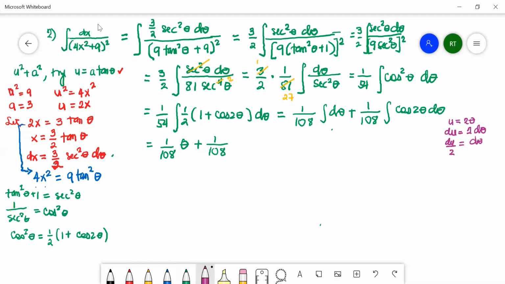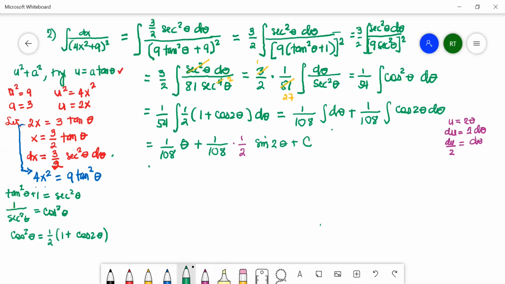So that would mean that there is a correction factor of 1/2, right? So we multiply this by 1/2, the correction factor. And the integral of cosine of u du is sine of u. So we have sine of 2 theta plus the constant of integration.